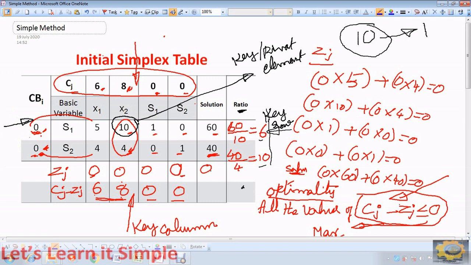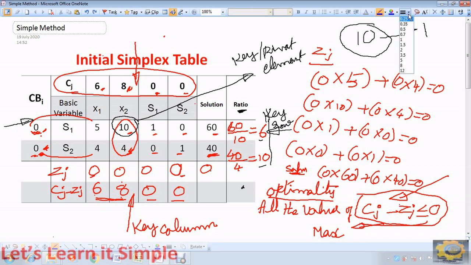Now let me call the first constraint as R1 for the sake of simplicity, and the second constraint as R2. Now what we need to do is this 10 should be made as 1.